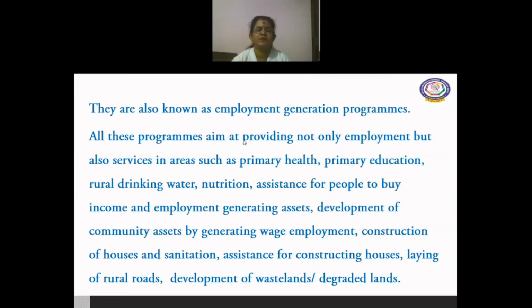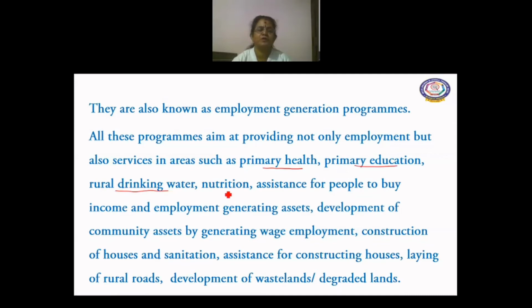All these programs aim at providing not only employment but also services in areas such as primary health, primary education, rural drinking water, nutrition, assistance for people to buy income and employment generating assets, development of community assets by generating wage employment, construction of houses and sanitation, assistance for constructing houses, laying of rural roads, and development of wastelands or degraded lands.